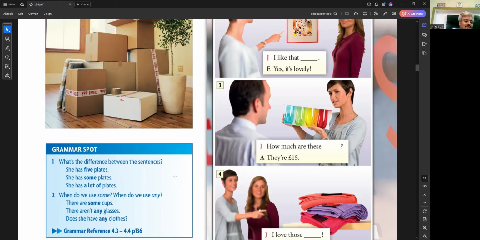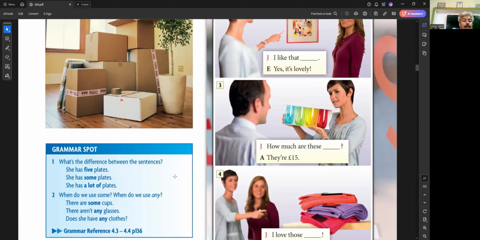Okay. So guys, she has 5 plates. A definite number now? 5. But when we say she has some plates, there is no definite number, but a small number. She has a lot of plates, not a definite number, but a big number.